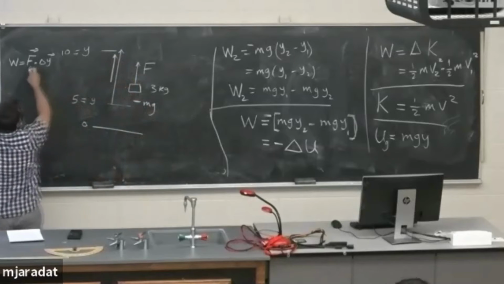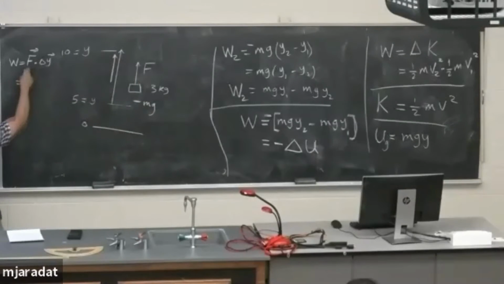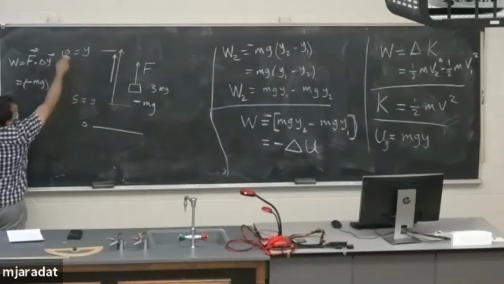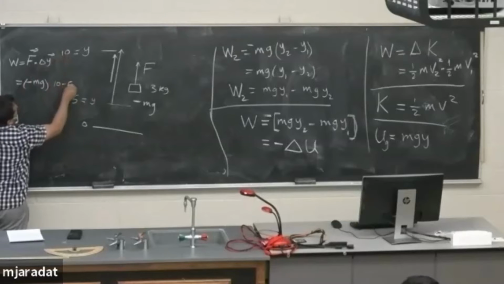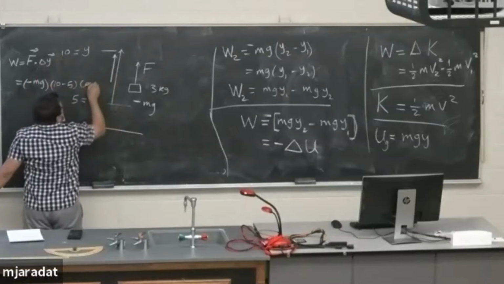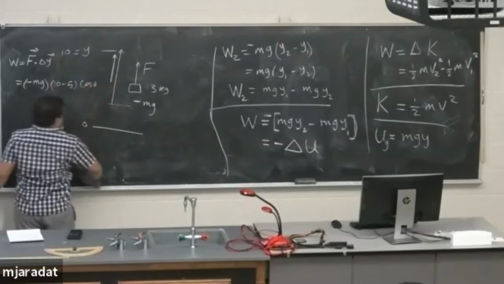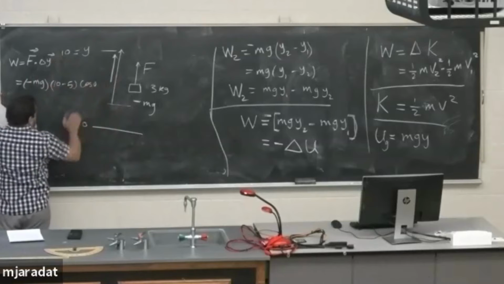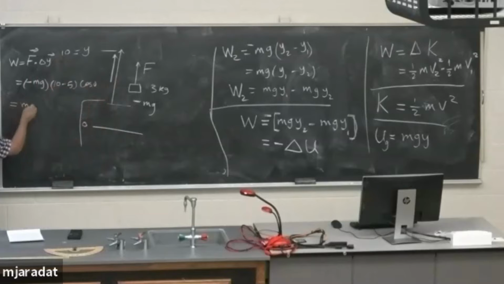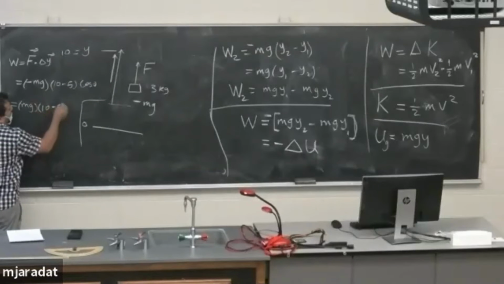You can use F applied is negative mg, delta y as 10 minus 5, and cosine 0. Or you can use, as I solved it in the example, the applied force mg, 10 minus 5, cosine 180.